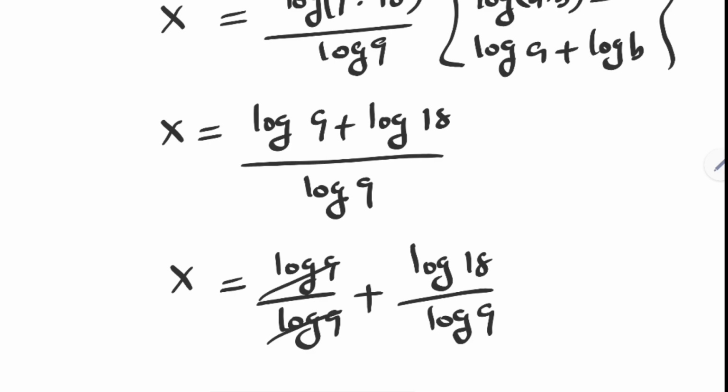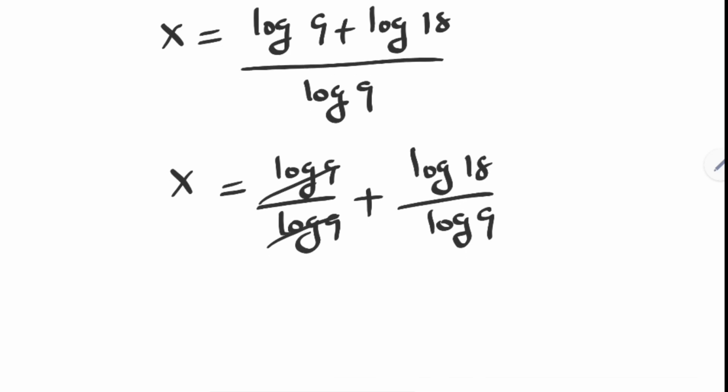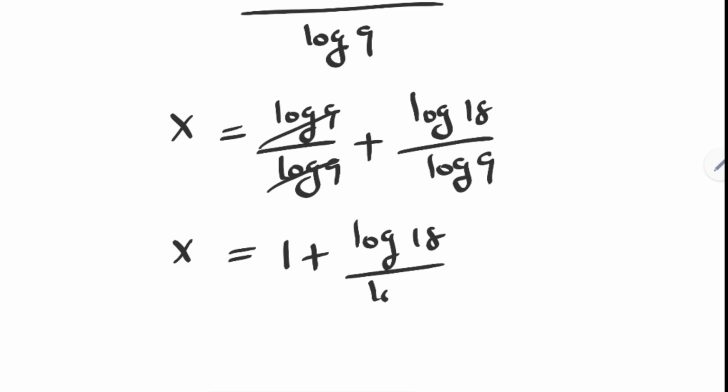This log 9 cancels this log 9, 1. x is equal to 1 plus log 18 over log 9.